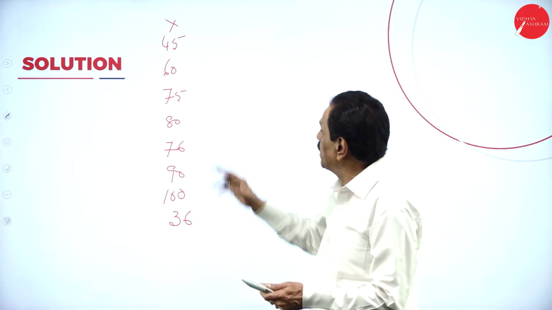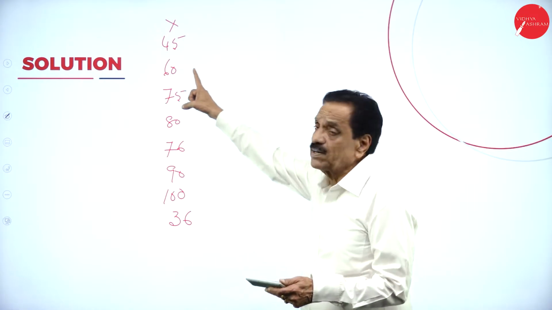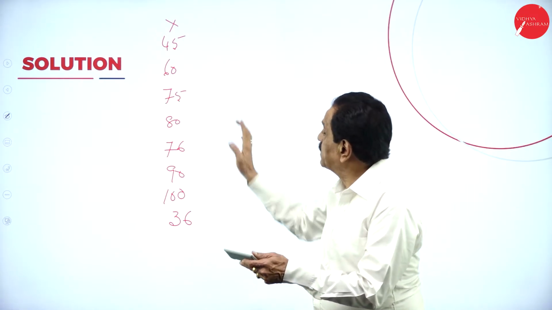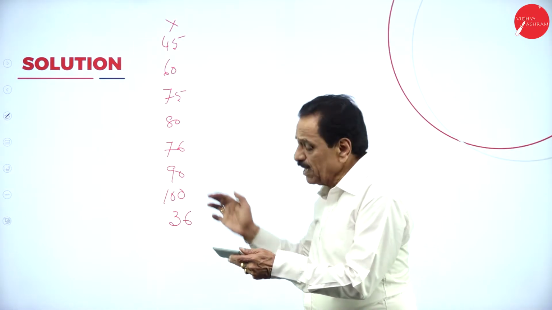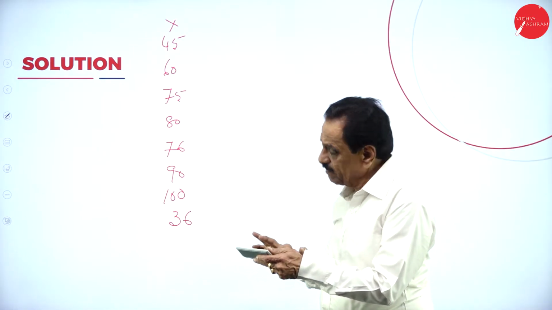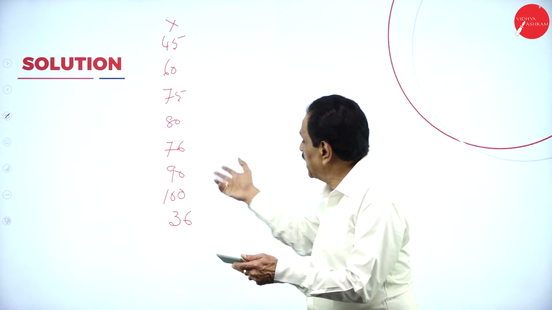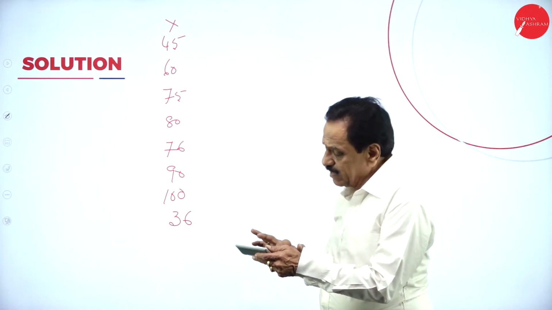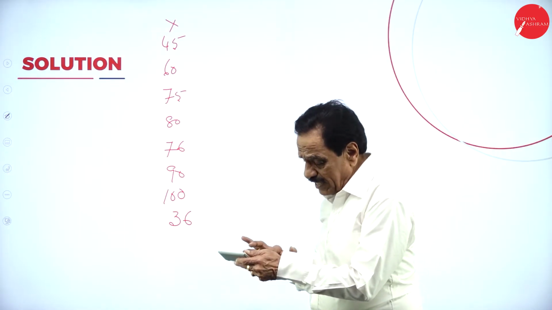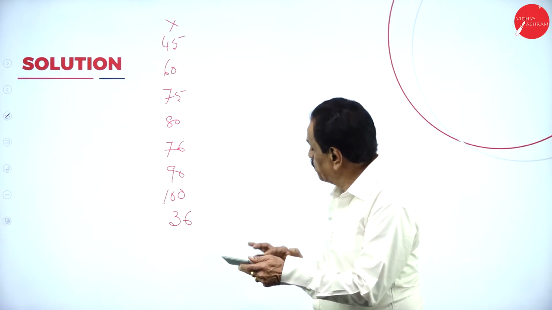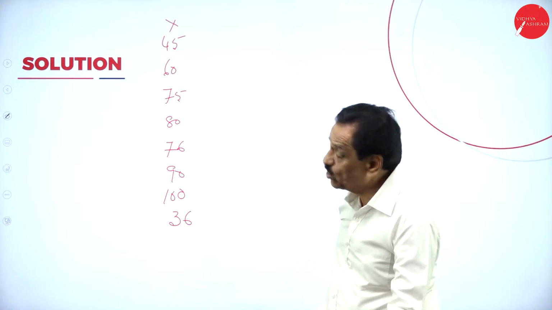We'll go one by one. 45 plus 60, plus 75, plus 80, plus 76, plus 90, plus 100, plus 36 is equal to 562.